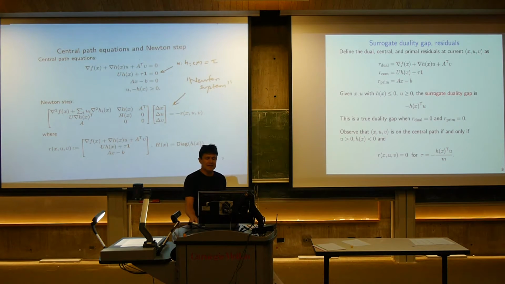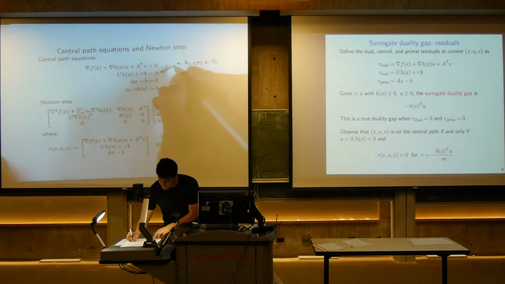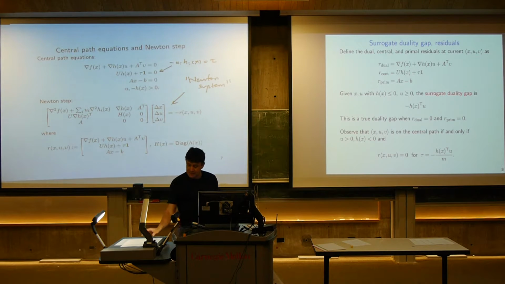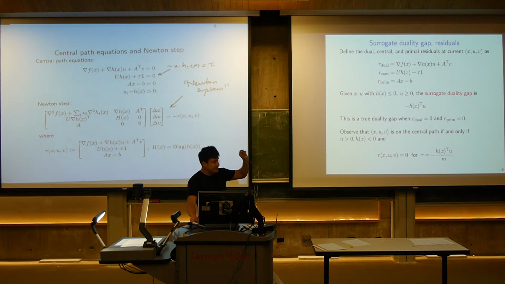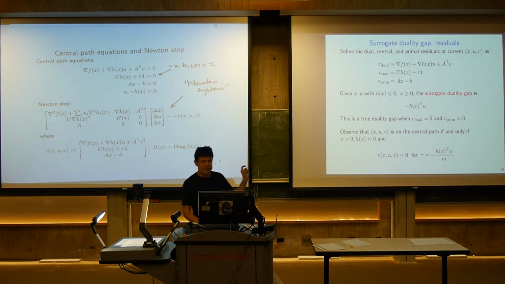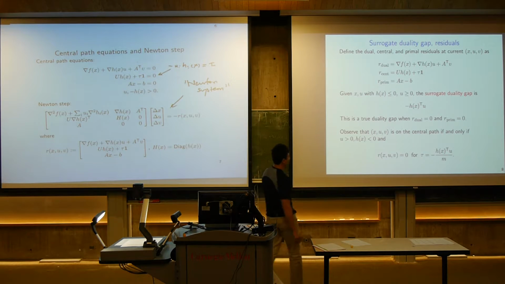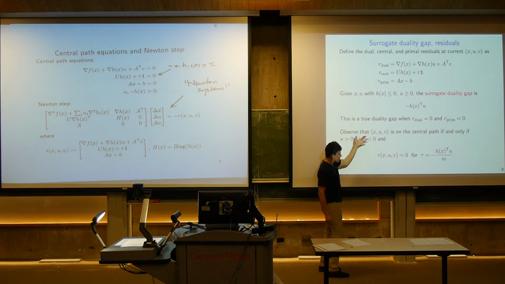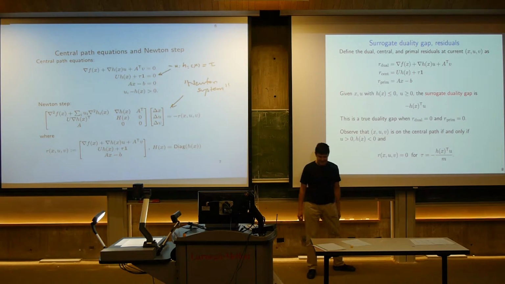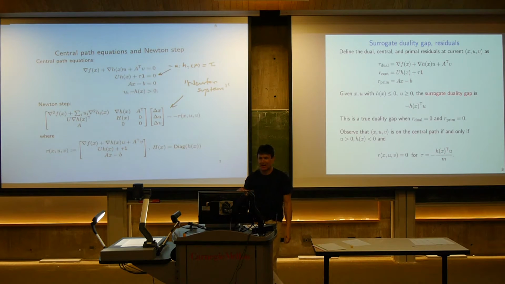Right? If you are on the central path, then the value of the surrogate duality gap is n tau. And it turns out that the reverse also holds. That is, you are on the central path if and only if, of course, these things are positive and the residual is equal to 0 for that value of tau.